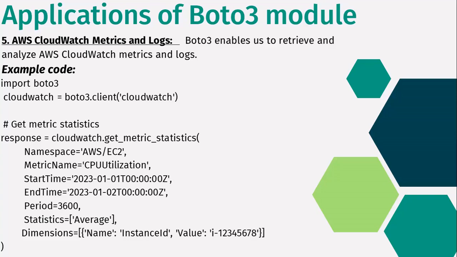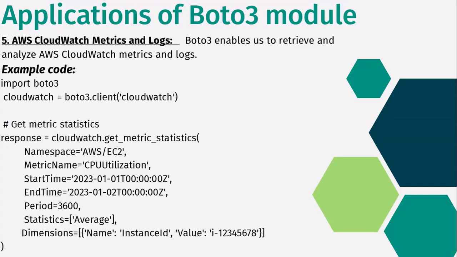The next line: what does this code do? This code makes use of the get_metric_statistics method to retrieve metric statistics for the specified CloudWatch metric. Namespace specifies the name of the namespace of the metric. MetricName specifies the name of the metric.